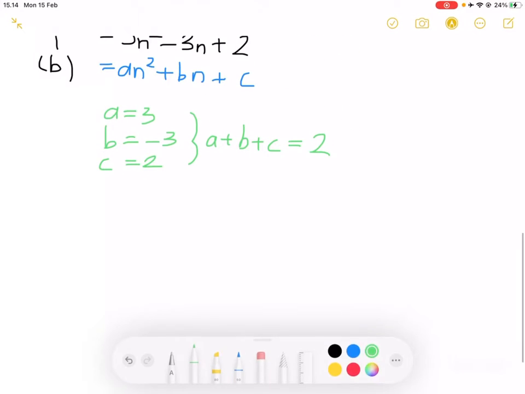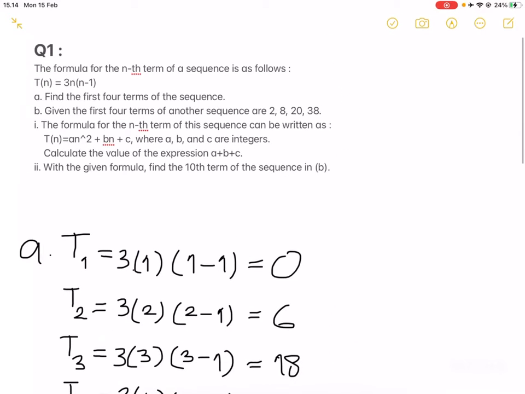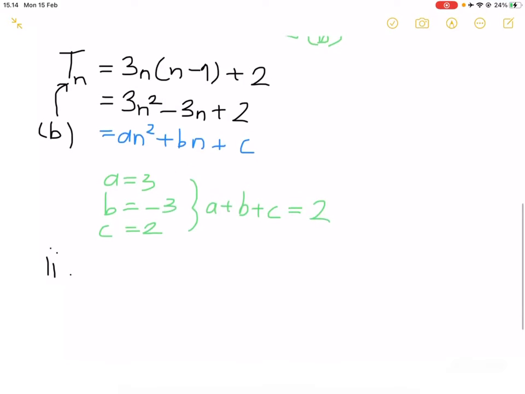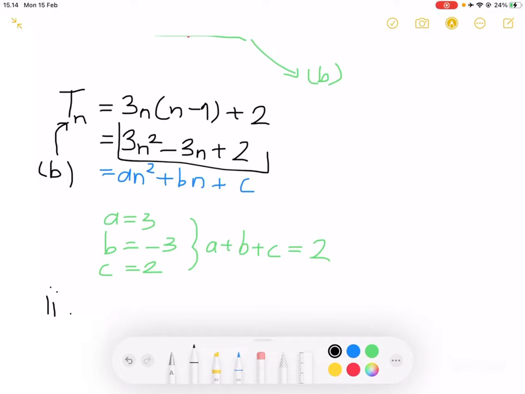And for part 2 of part B, we need to find the 10th term of the sequence in B, given this formula right here. So for the 10th term, we can just substitute n equals 10. So we have 3 times 10 squared minus 3 times 10 plus 2.